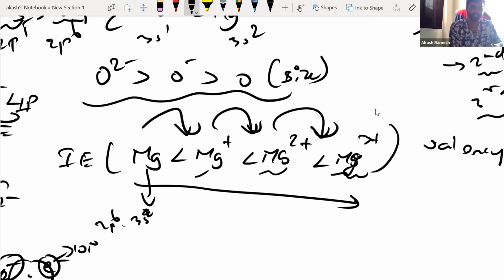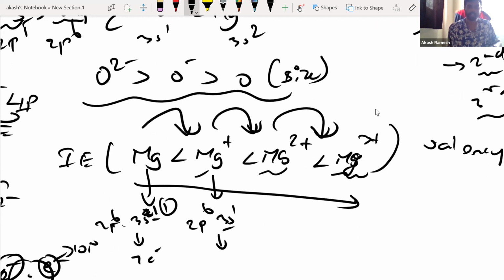So if I take any of these electrons, it is shielded by 7 electrons, like in this one and the 6th one. Now, when I go to Mg plus, it is going to have 3s1 2p6. Now the number of electrons shielding this particular electron will become only 6 electrons. So obviously it is not going to be the same.